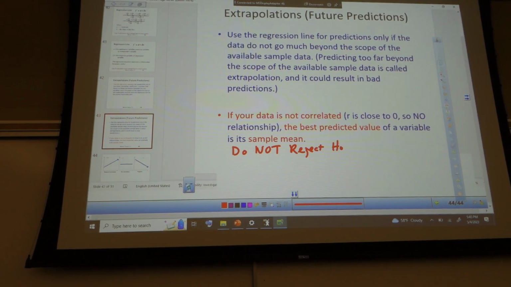Okay, good. If you do not reject H naught, in other words, your p-value is what? Small or large? Large. Then it is not a line. Right? Your p-value is large. If you do not reject H naught, it's not a line. So don't use a line to predict.